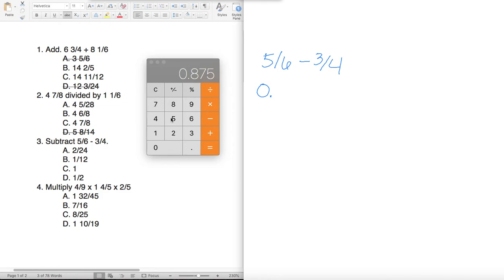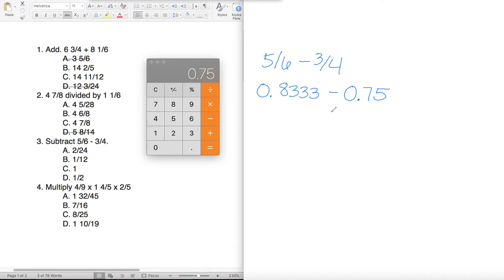And so 5 divided by 6 is 0.8333, and then minus 3/4, and 3 divided by 4 is 0.75. So again, because there's no whole number in front of the fraction, it's 0.75.